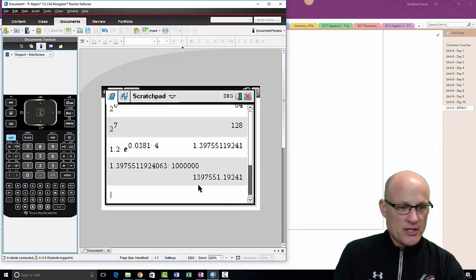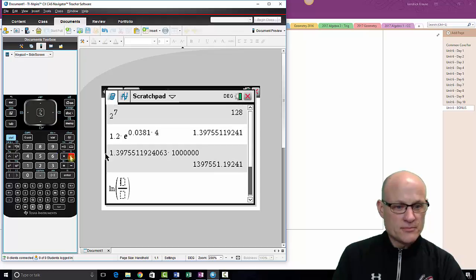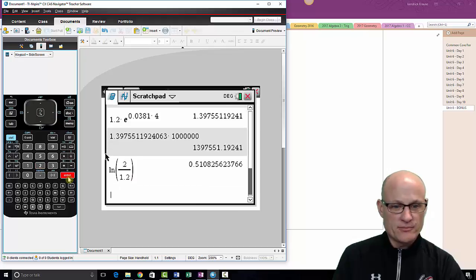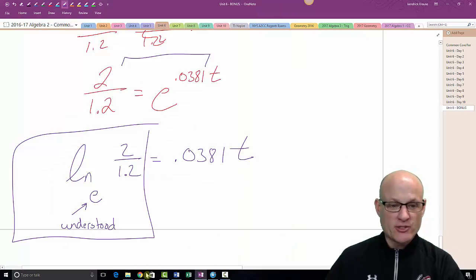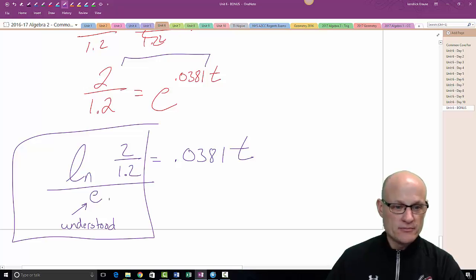So let's go. The natural log of a fraction, which is 1.2. Oh, no, it wasn't a 2. 2 divided by, doggone it, 1.2. Enter. So that's what I get, but don't I have to divide this by 0.0381?